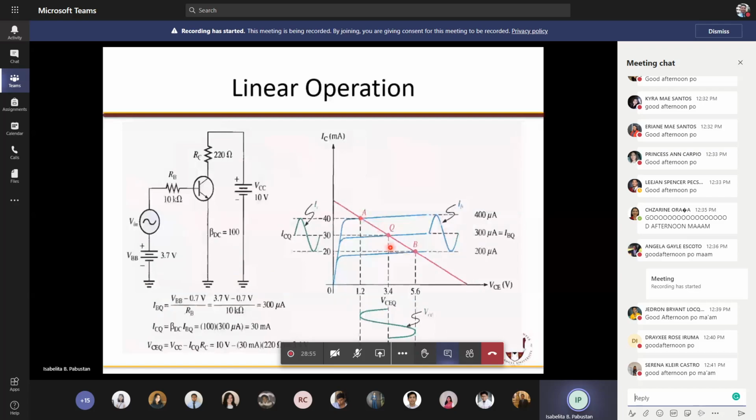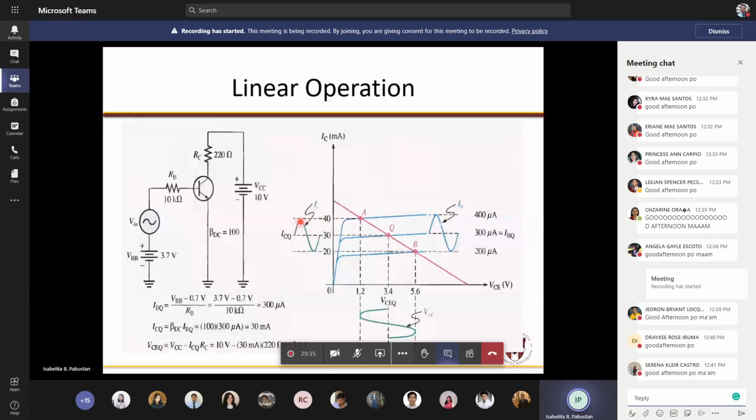Now, let's say, for example, we are considering this as our Q point. Now, if this is your input, so what you're going to do is you're just going to project it here. Okay? Project this kung saan tatama dito sa 400 microamperes. Ano? Kasi at 400 microamperes, your IC is 40 milliamperes na.